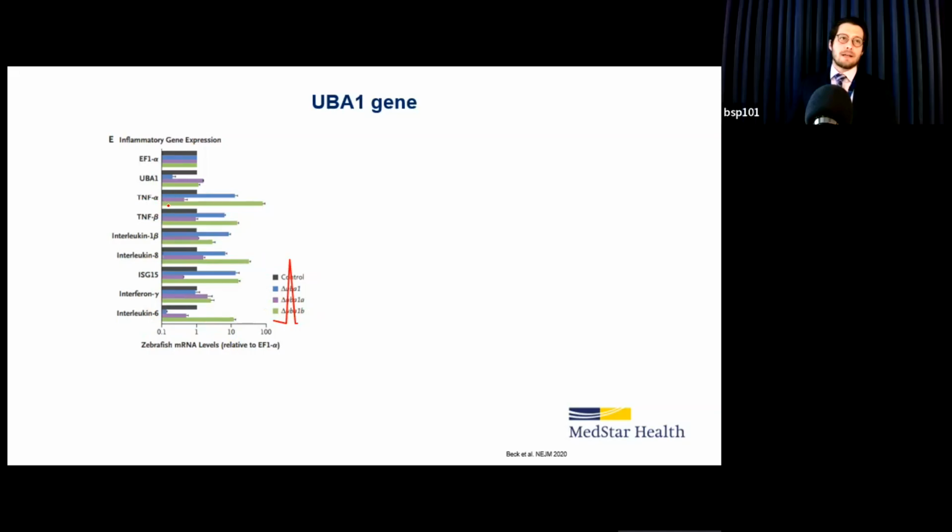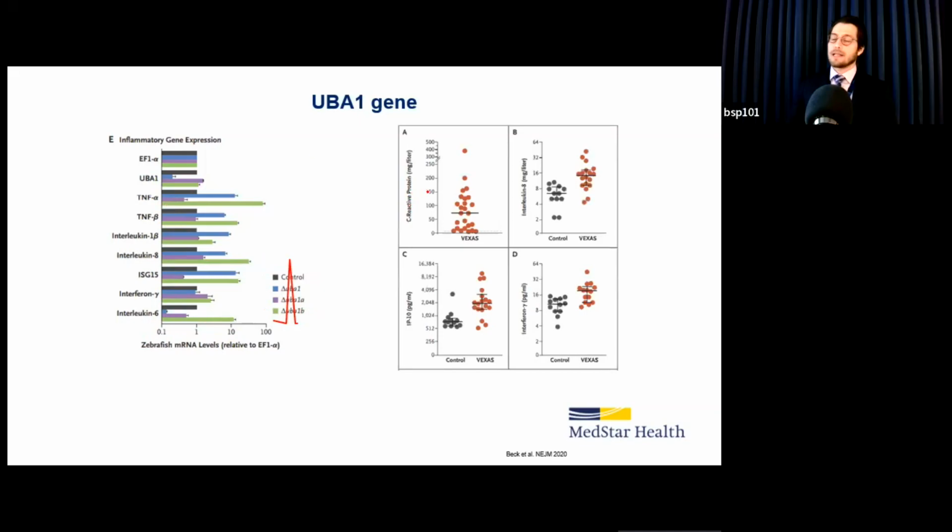So as I was saying at the beginning, it's just a crossroad between an underlying hematologic mutation that causes significant inflammation, and this translates into increased levels of C-reactive protein, interleukins like 8, 10, and interferon gamma in patients with VEXAS when compared to control patients.